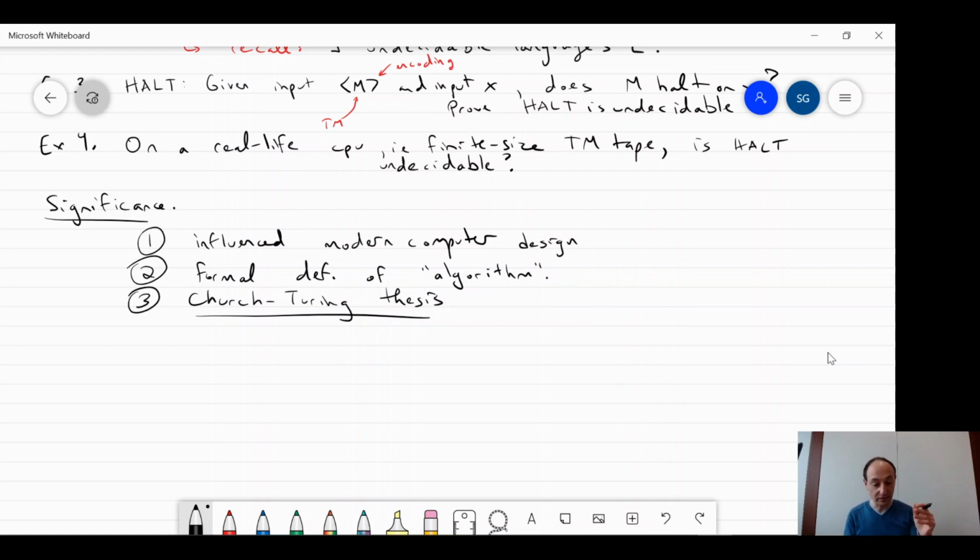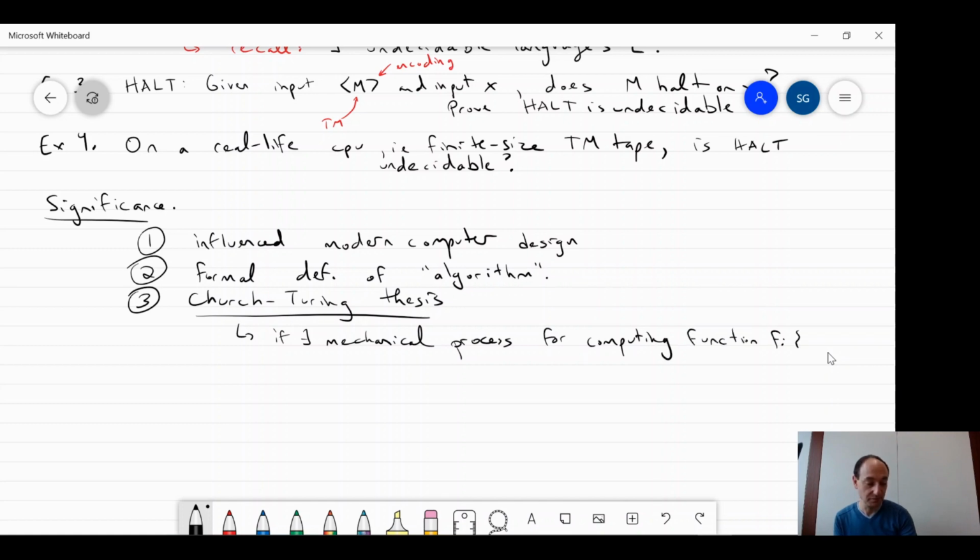Okay, so a little bit more formally, if there exists a mechanical process for computing some function f, right? So maybe it's going to be something from n bits to 1 bit, just to give you a sense.